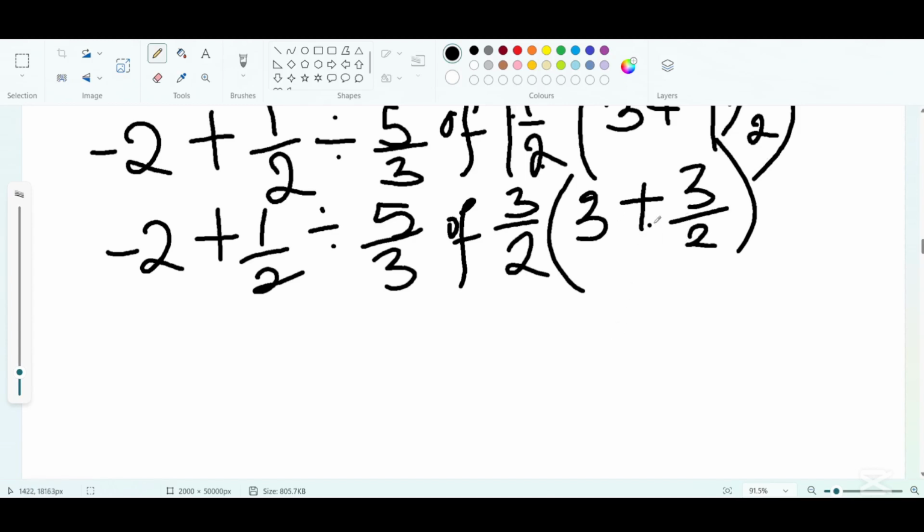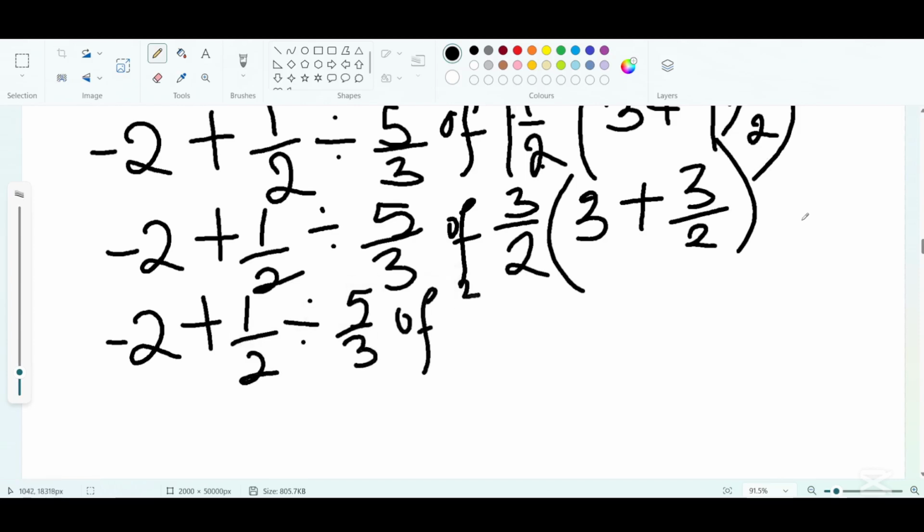It's the same as finding the LCM, which is 2. So this is now minus 2 plus 1 all over 2 divided by 5 all over 3 of 3 all over 2. That's going to be 9 all over 2.